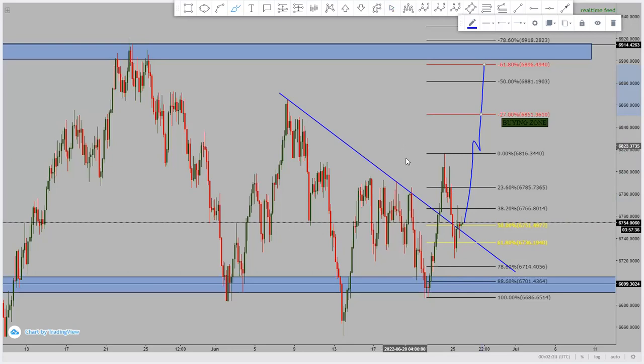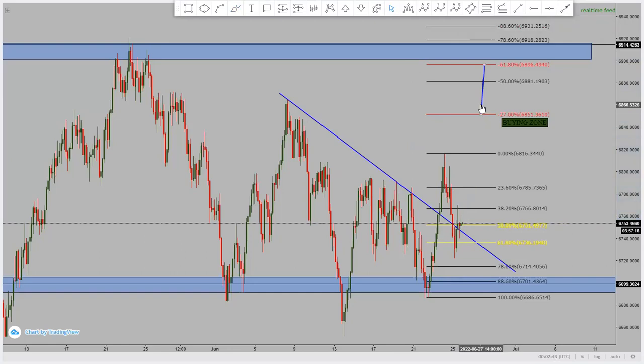So TP1, TP2, and TP3, according to the Fibonacci. That is how we enter. Whenever we enter, we also consider those as our targets, also looking at and respecting levels of support and resistance as well. We don't ignore them. You realize that there at the 0%, it's even close to this area here.